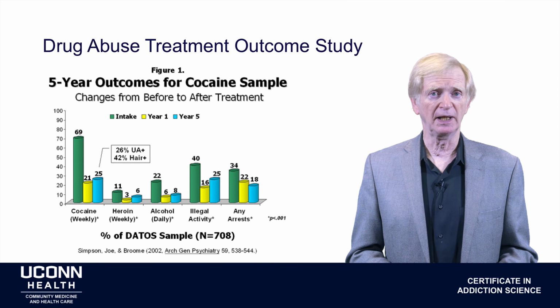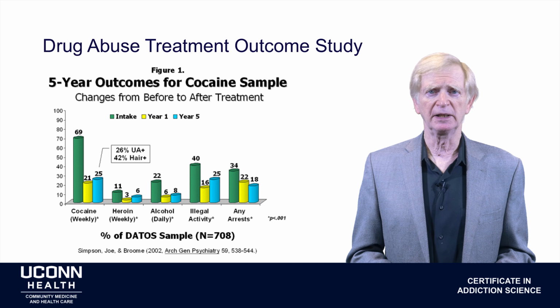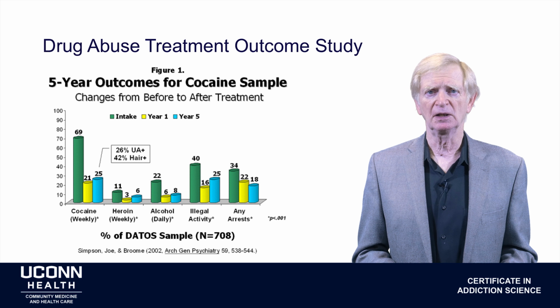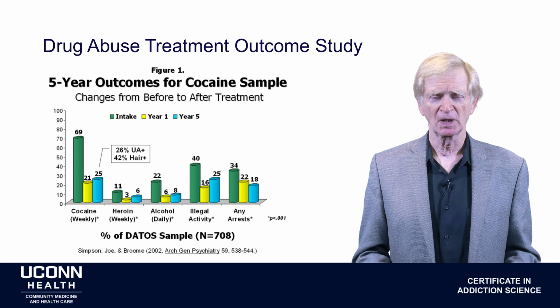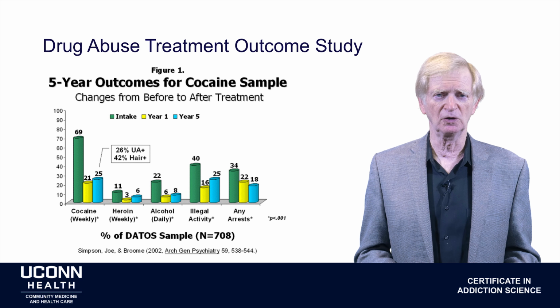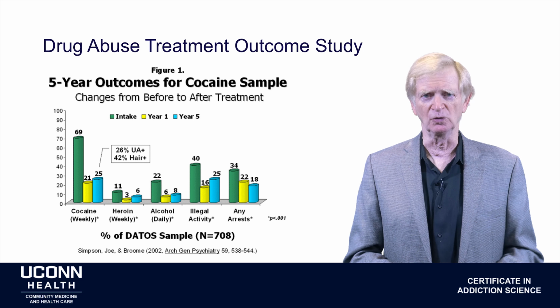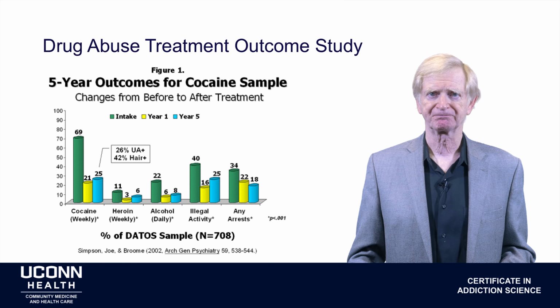Looks pretty good in terms of an outcome. There was also an improvement in their health, a reduction in illegal activities, and a reduction in their alcohol use. So by any standards, this looks like reasonably good outcomes across the different types of treatment that they were exposed to for a cohort that was tracked over 5 years.